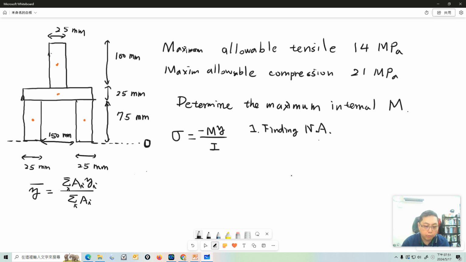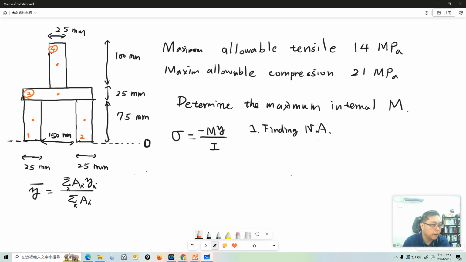Then we label these four sections. We have four sections, so this is going to be a long calculation. This is one, this is two, this is three, and this is four.